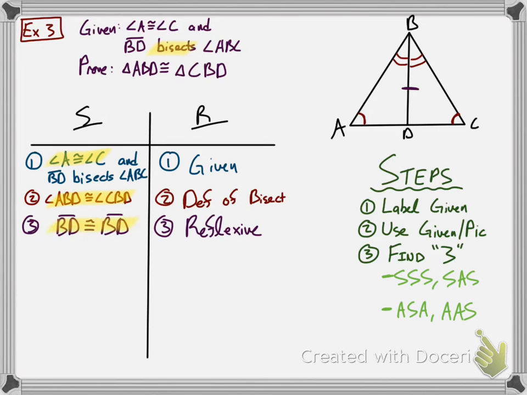So there's our third piece of information. We have two pairs of angles, one pair of sides, and we are able to use angle, angle, side, because that is a non-included side there. So for our fourth step, we have the information to prove that triangle ABD is congruent to triangle CBD, and our reasoning is angle, angle, side.